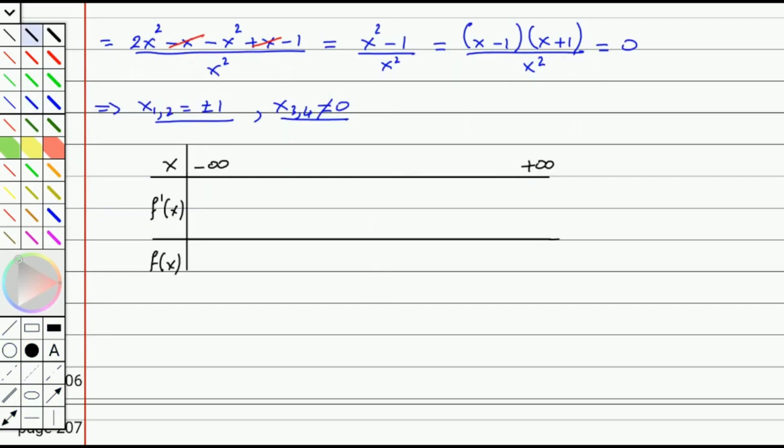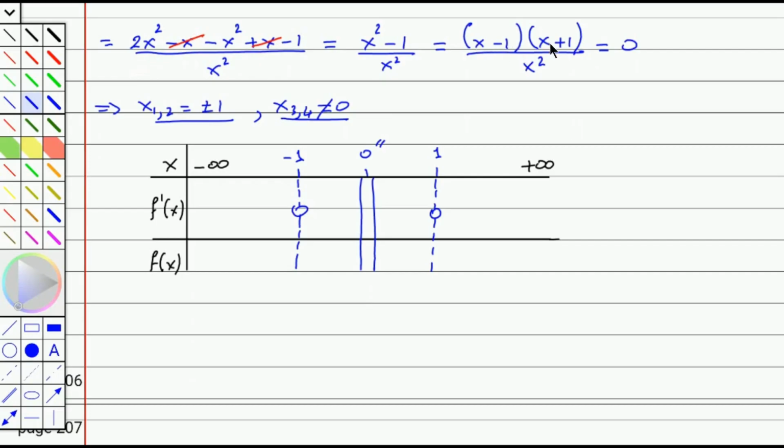Let's place the roots of both the top and bottom: we have -1, we have 0, that is double, and we have +1. These two are the zeros of the function, whereas this is the singularity of the function with parallel lines, and this is the final factorized form. We can see that there is no sign outside of the fraction.